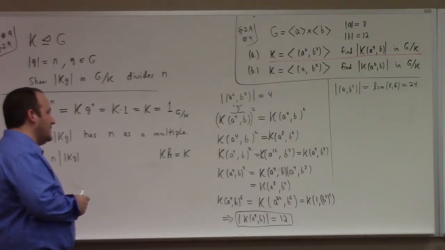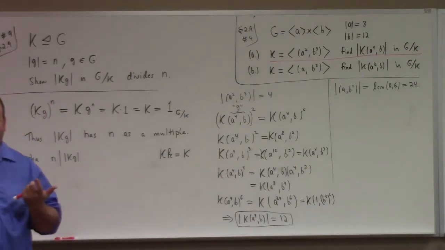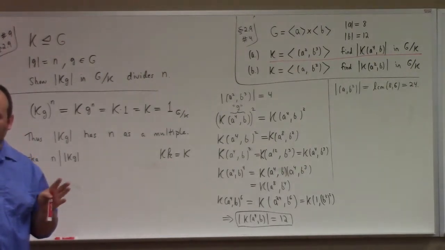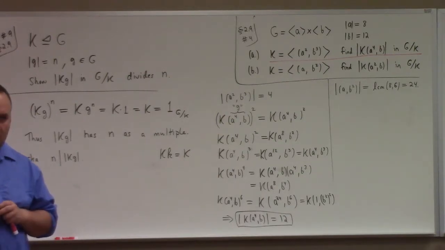Okay. I'm trying to think intuitively, what does that mean? How would it end up being the case that the order of the coset was less than the order of the representative? If at some point you pick up a power of the representative which is in K, right?